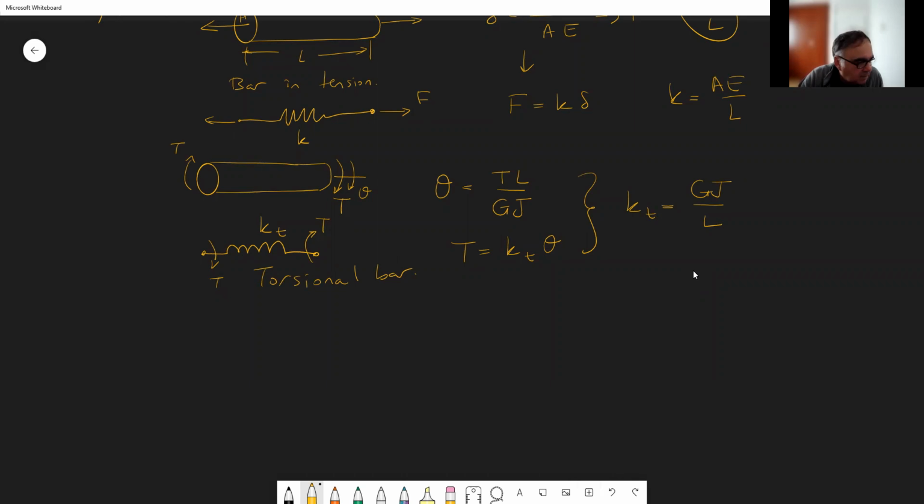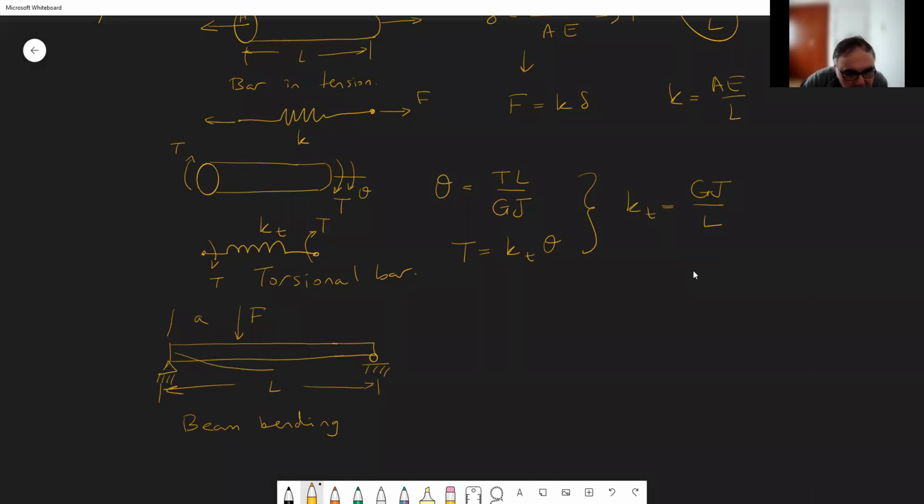You might have a bar in bending, or a beam in bending, with a simple support, like there. And there might be a force on it. This is distance A, this whole distance is L, and so on. As you know, this is going to be a displacement like this one.